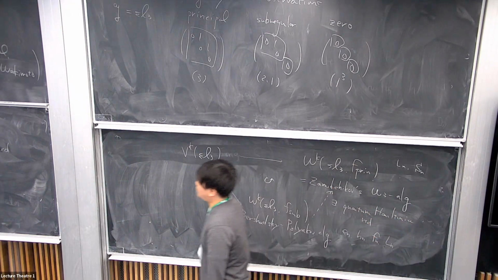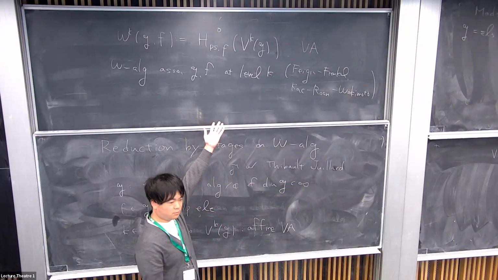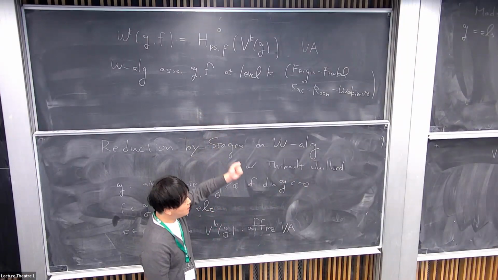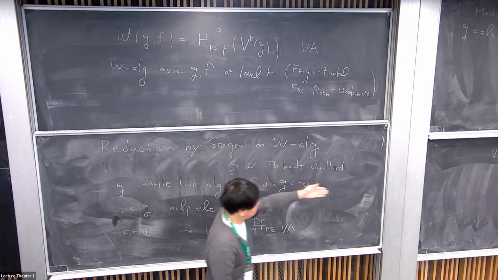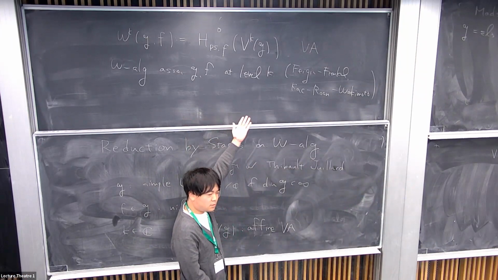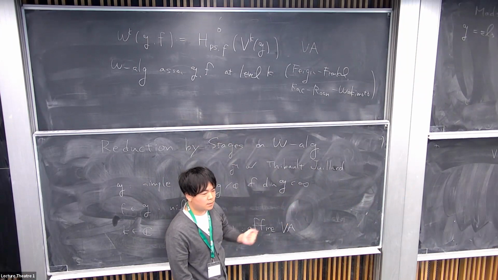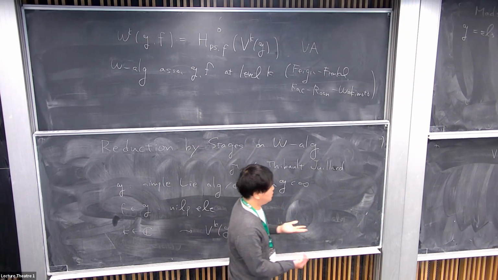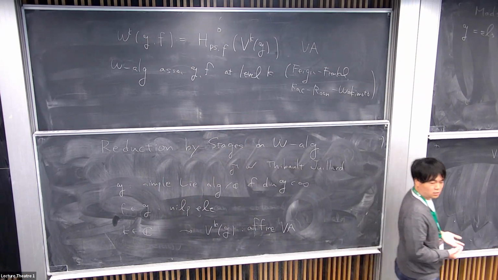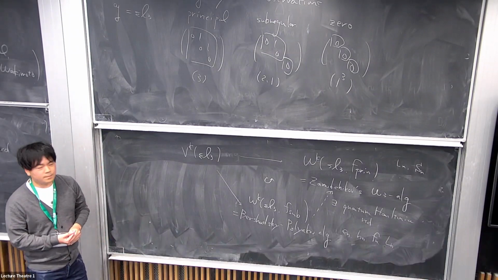So we define the W-algebra as a Hamiltonian reduction of the affine sl3 vertex algebra. But the statement is that the principal W-algebra of sl3 is some Drinfeld-Sokolov reduction of the Bershadsky-Polyakov algebra. So this means we need to think about some cohomology of a W-algebra. It's much more difficult.